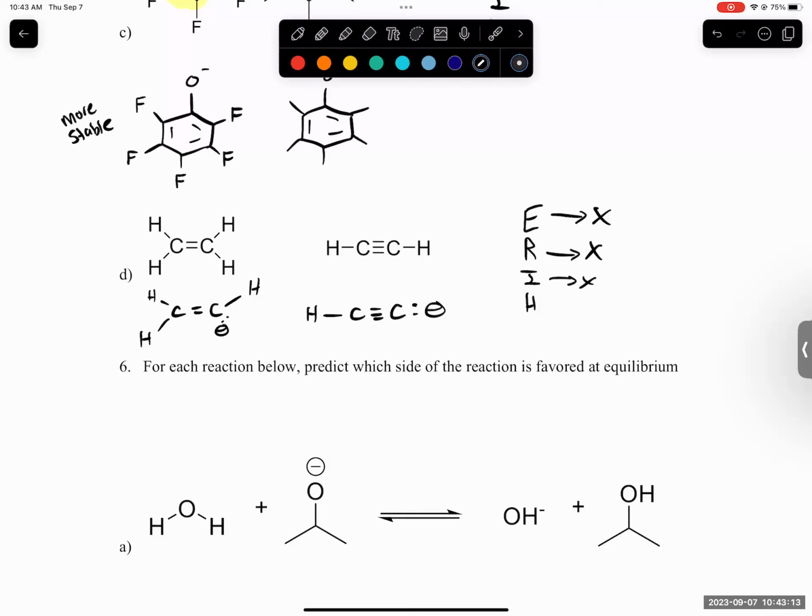This is probably the most difficult one that people have a hard time understanding, because hybridization is a difficult concept for most people. So can we use hybridization to determine which one? Yes, we can.